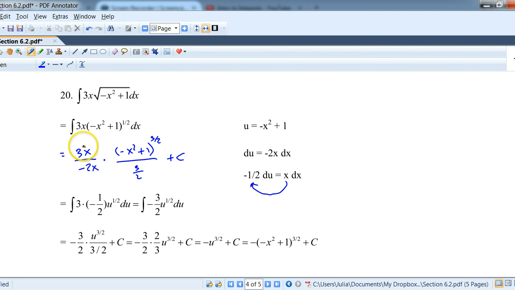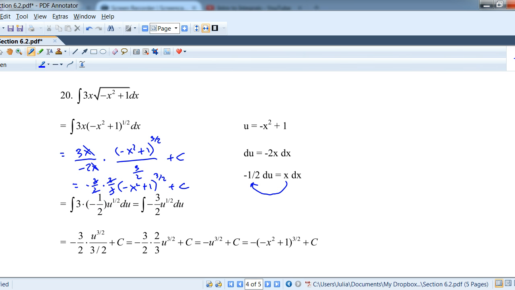And again, the x cancels. But that's how come we get the negative 3/2. We don't actually get it in the final answer because when you multiply by the denominator, you flip it. And that becomes negative x squared plus 1 to the 3/2 power plus c, and you'll notice same thing, these go away, so you actually get the same exact answer.